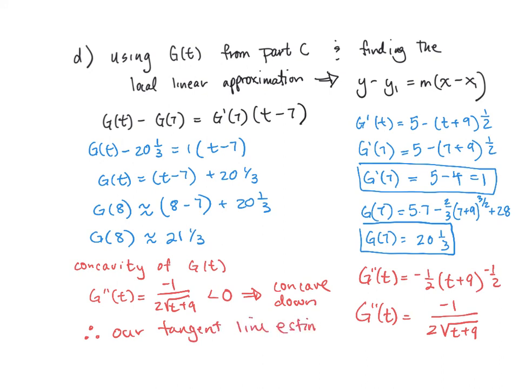Because this curve is concave down, our estimate, g of 8, using our tangent line, is an overestimate.